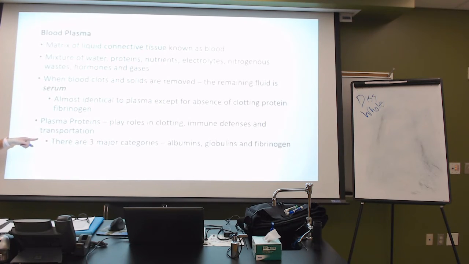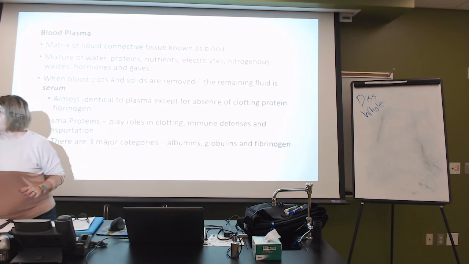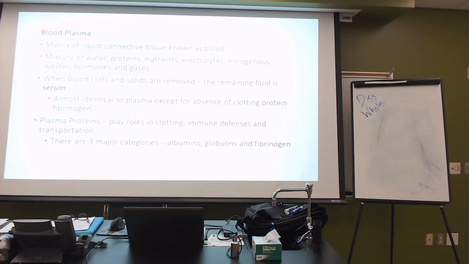Transportation. What do you remember from chapter 17 when we were talking about the transport of hormones? Like across the fat layer. We had the ones that were fat soluble and the ones that were water soluble.